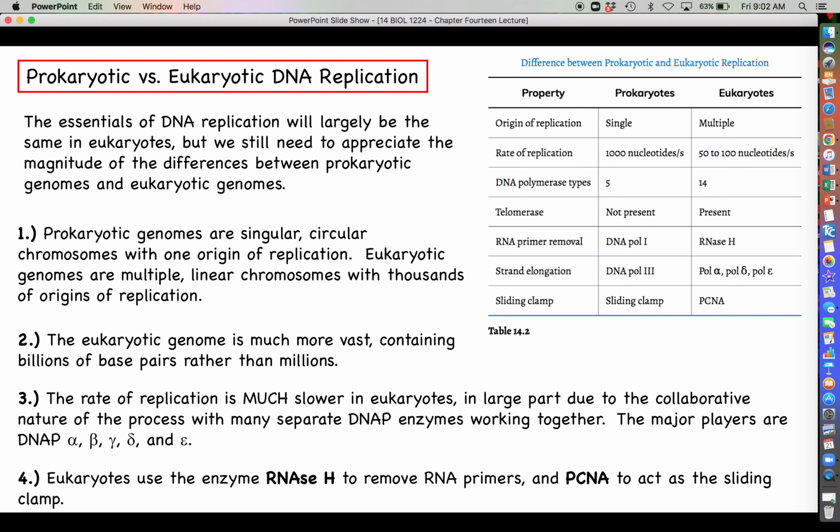And then finally, a couple of minor differences. Eukaryotes, to remove the RNA primers that RNA primase lays down, do not use DNA polymerase 1. They use a different enzyme called RNase H to do this. And then instead of using the sliding clamp protein to hold the DNA polymerase on the growing strand, eukaryotes use something similar called PCNA in order to do this.